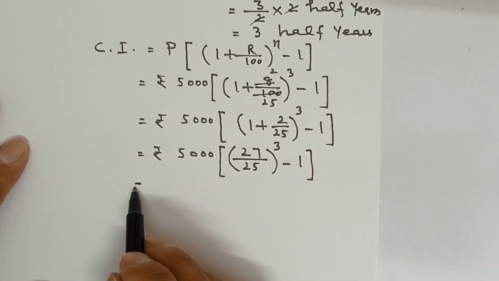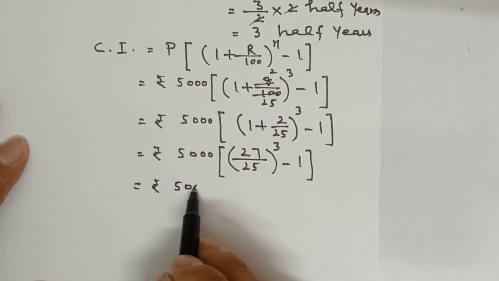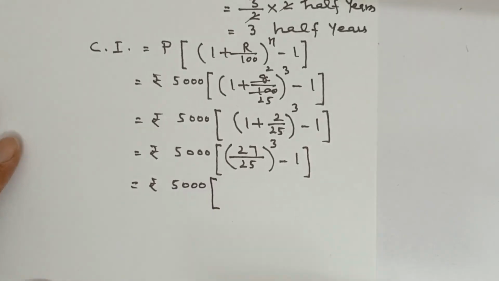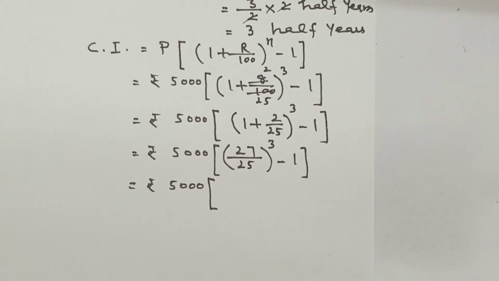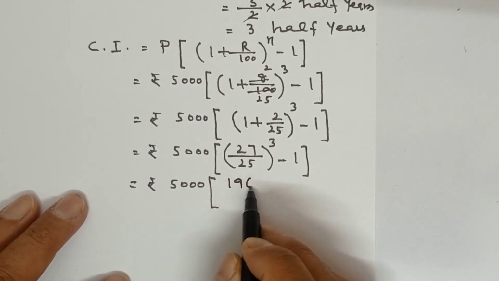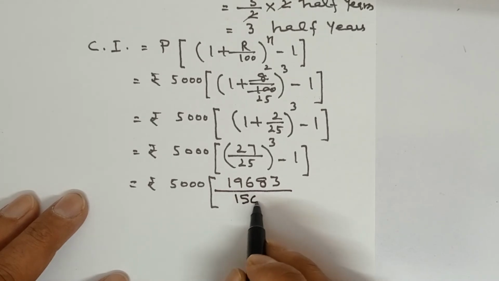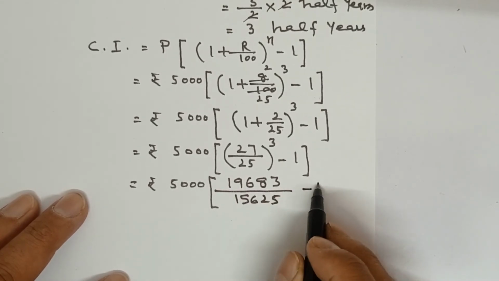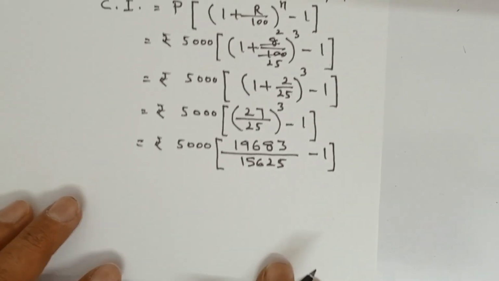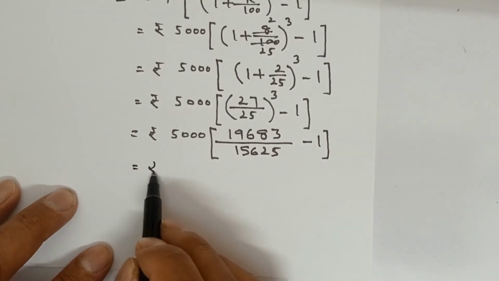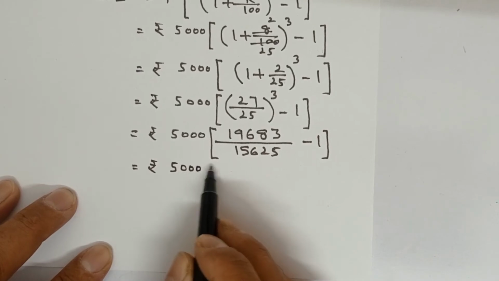Now calculations. Rupees 5,000, 27 is to be multiplied 3 times. So in the rough work, 27 into 27 into 27. That will be 19,683, and 25 is to be multiplied 3 times, 15,625, minus 1. It is rupees 5,000.